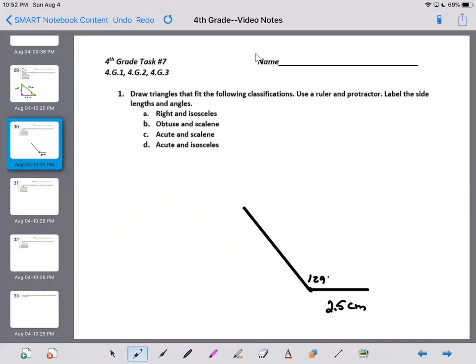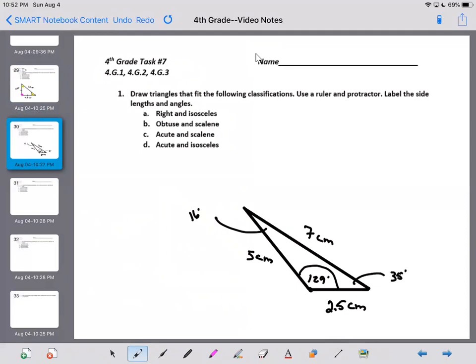So that would be 129 degrees. And this should be 5 centimeters. So you would want to go ahead and create that segment that would be 5 centimeters. And then you would connect your other line and its line segment, and it should be 7 centimeters. This angle measure right here should be about 16 degrees, and this one should be about 35 degrees.